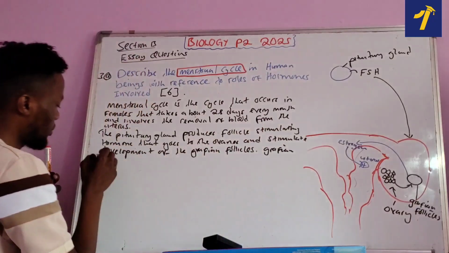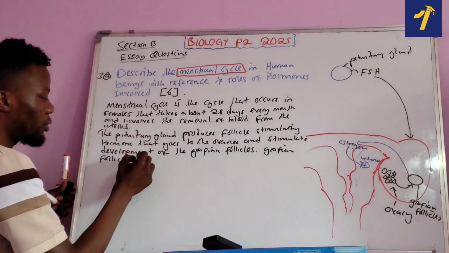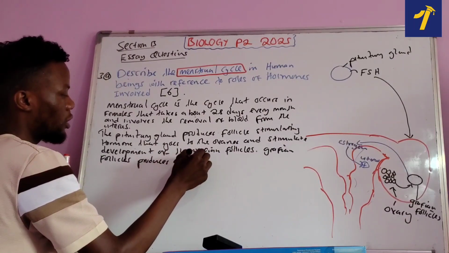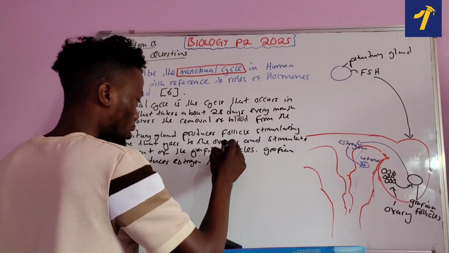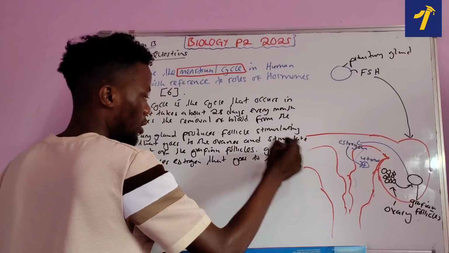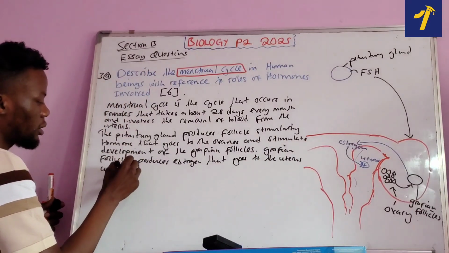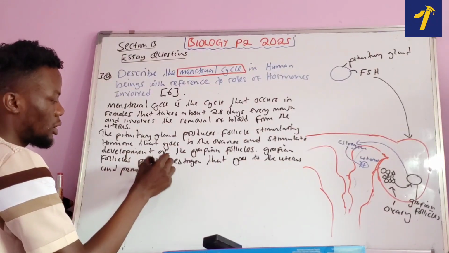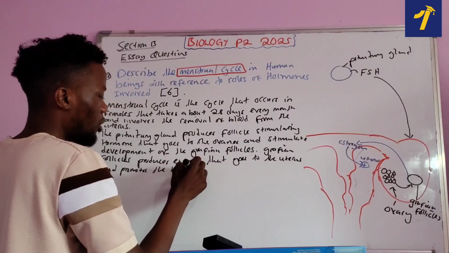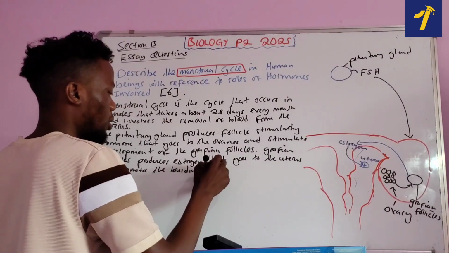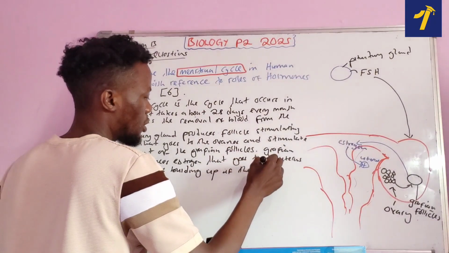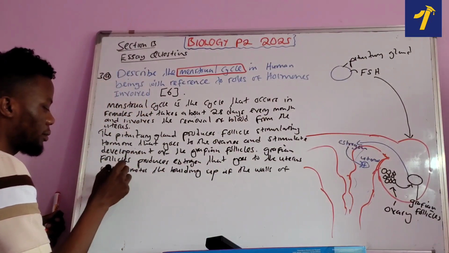So the next thing that we can say here is, now these Graafian follicles that were developed, yes, what did we say? Produces now estrogen that goes to the uterus and promotes the building up of the walls of the uterus.